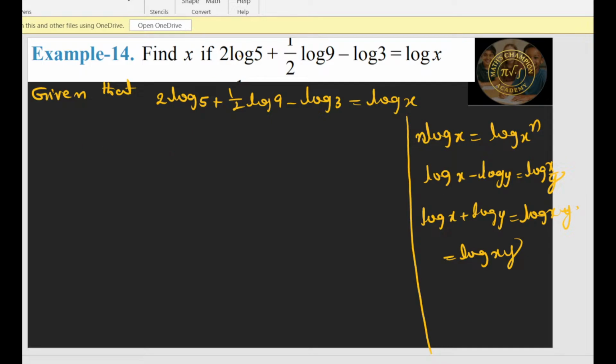So look at here. I am going to write first 2 log 5, that is log 5 square, plus 1 by 2 log 9 by 3 whole power 1 by 2 is equal to log x. Is it clear? Is there any doubt?